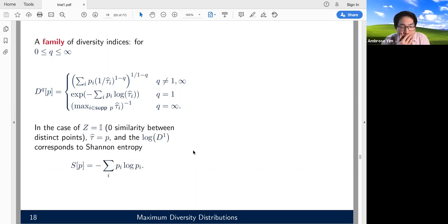It's worth mentioning that this diversity index is closely related to entropy, where entropy is the limiting case in which no articles are similar to each other at all, so they are maximally dissimilar and have similarity 0 with each other. Then when we compute the diversity of a distribution over maximally dissimilar objects, we're computing the entropy.